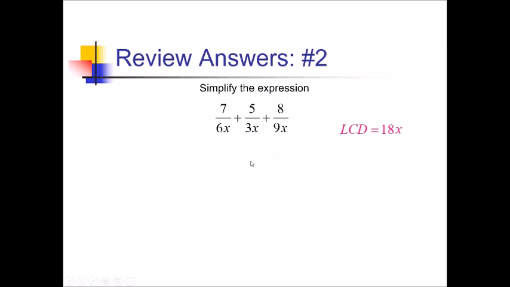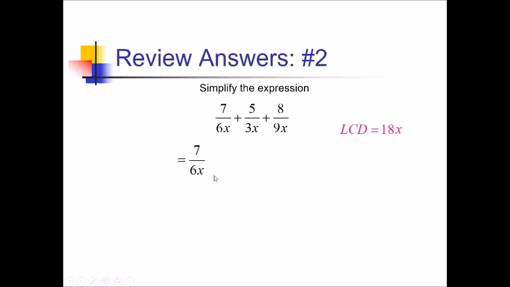To do that, I'm going to multiply each fraction by a fancy form of 1, a number over itself. Whatever number is going to give me 18x in the denominator. So for the first fraction, to figure out what I have to multiply this by to get 6x into an 18x, we can divide 18x by 6x. That'll give us 3.